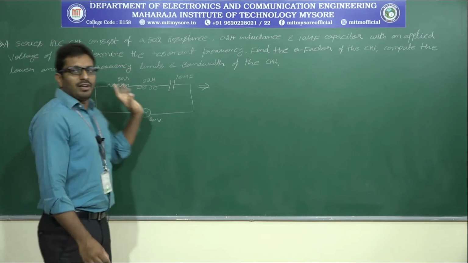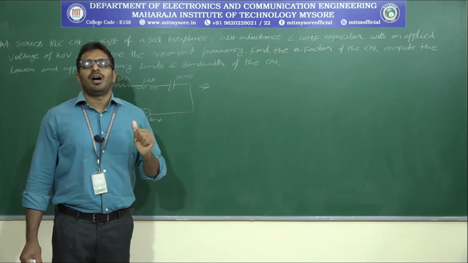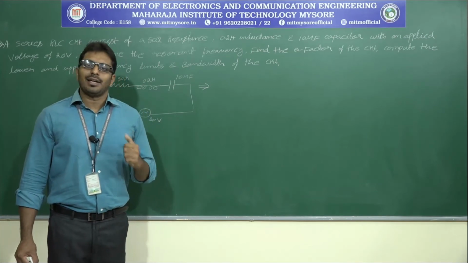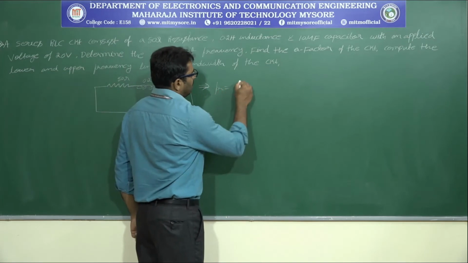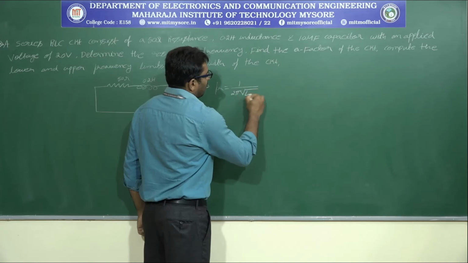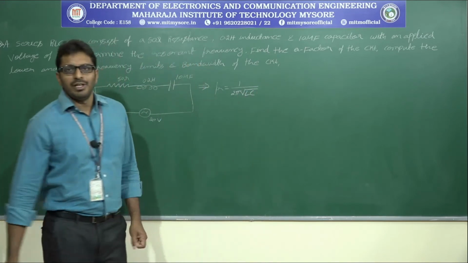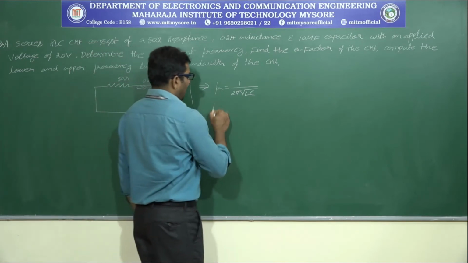Determine the resonant frequency. We know the formula to find the resonant frequency when R, L, C are connected in series. What is that formula? Fr is equal to 1 divided by 2 pi square root of LC. Just substitute the values.